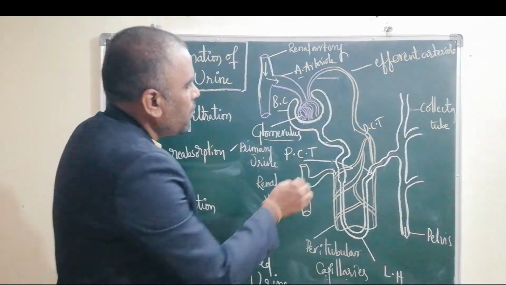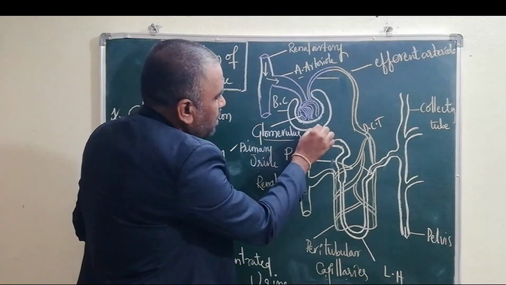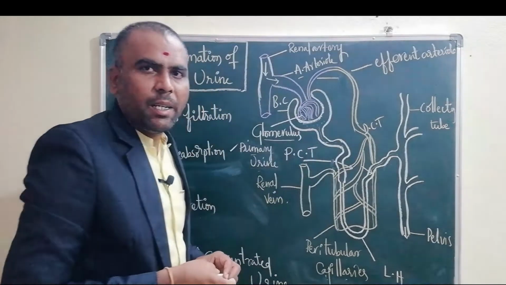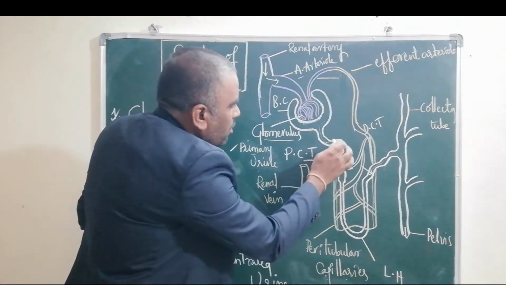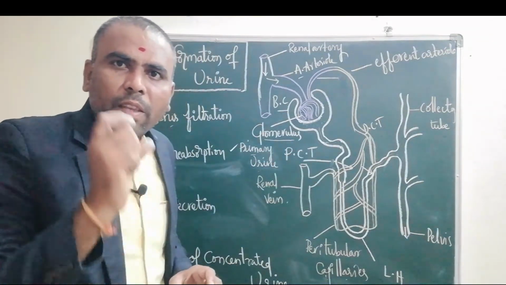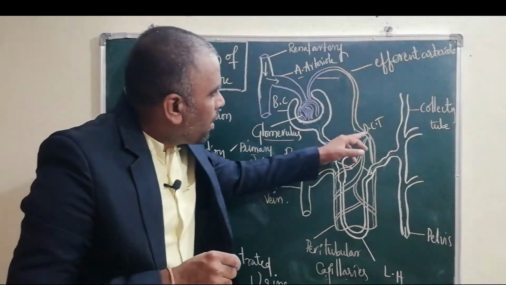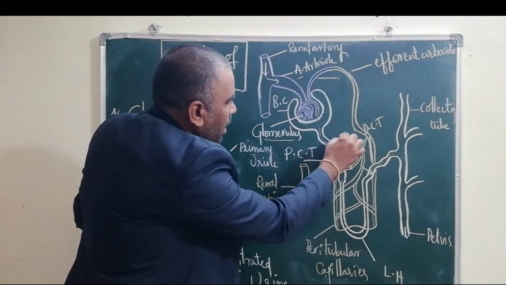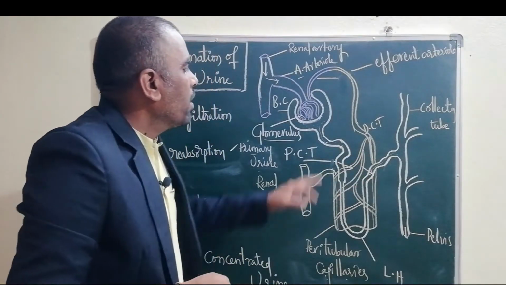Next, from the Bowman's capsule, the primary urine passes through the PCT. Around the renal tubules, there are fine blood capillaries called peritubular capillaries, which surround the renal tubules.